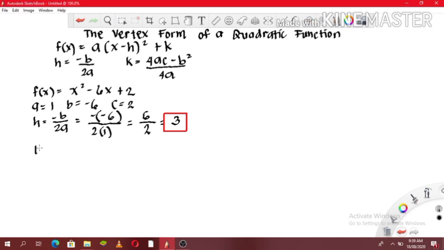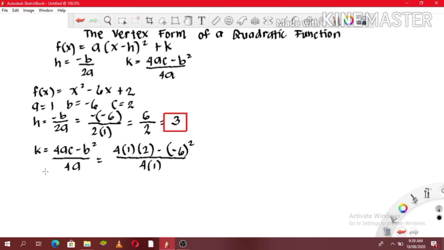Let's have now k. Again, k is 4ac minus b squared all over 4a. Substitute the values. So, we have 4 times a. A is 1. Times c. C is 2. Minus b, which is negative 6 squared. Dahil naka-squared ang b, divided by 4 times a, which is 1.